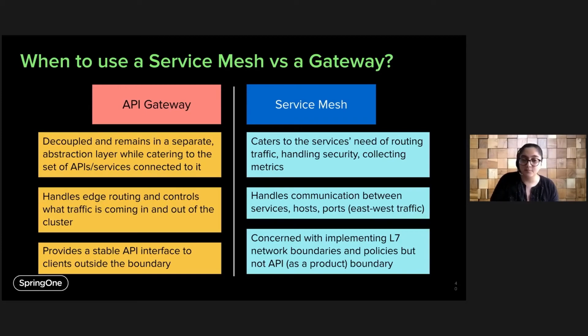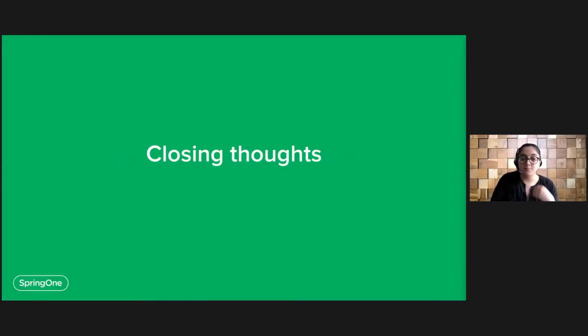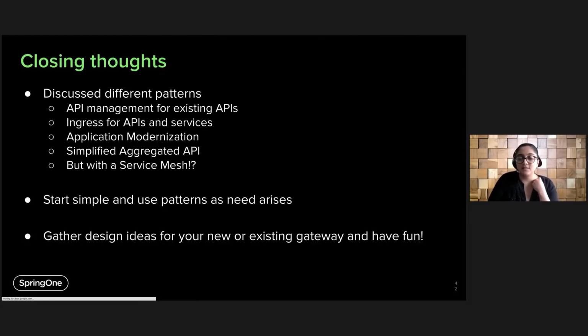So we went through a lot of different types of gateways and designs, so we wanted to summarize them here. We went through these 5 different sections, and in particular, we laid out the overlap and the differences between gateways and service meshes. The API gateway that you are designing can be either a subset or a superset of the above listed patterns.